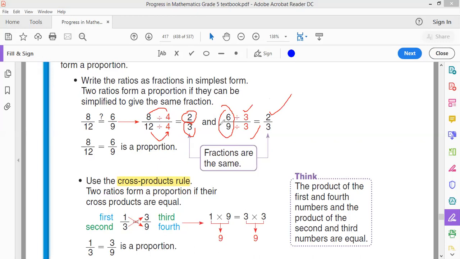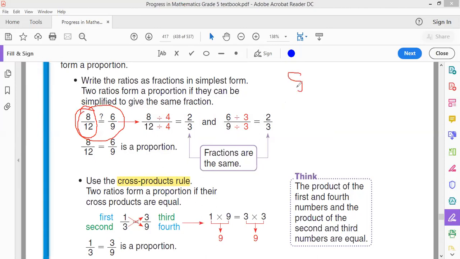I didn't understand. Which one? 8 over 12 equal to 6 over 9. Well, I will explain again. Look at there. If you have a proportion 8 over 12, 6 over 9, and you want to check whether they are equal or not, what you will do is take the first ratio, 8 over 12, and change it into simplest form.